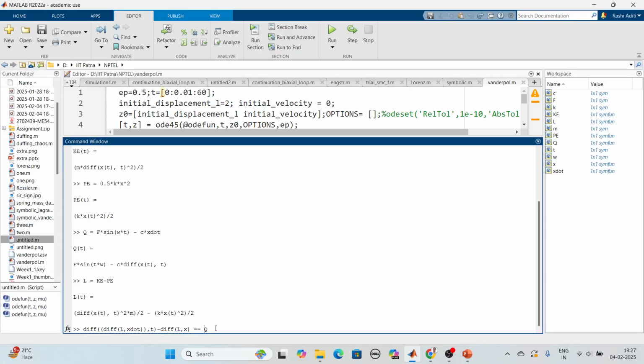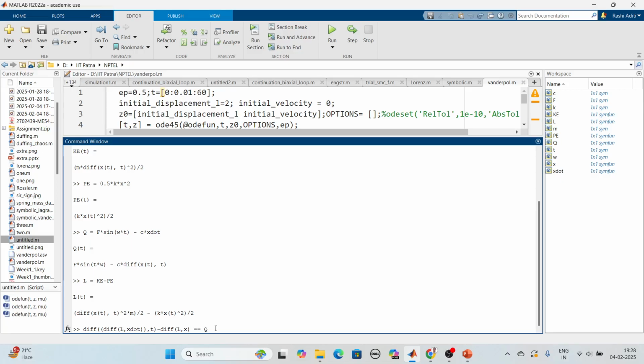The question is why double equal to and why not single equal to. In MATLAB, a single equal to is essentially used to assign a particular value to a particular variable. For example, I'm writing x equal to 2, which means my x has a value of 2. x can be equal to an array or a matrix.